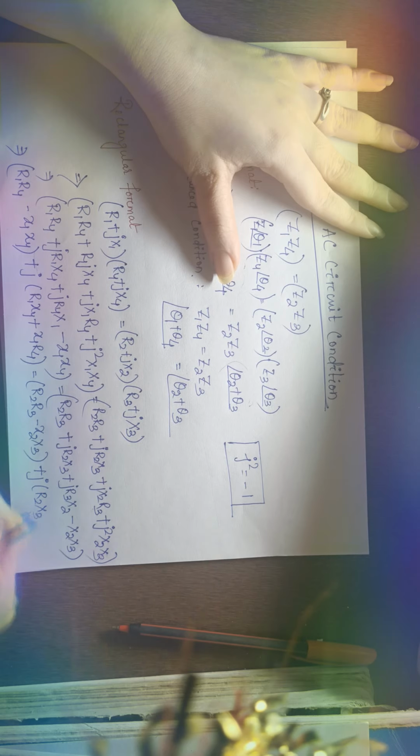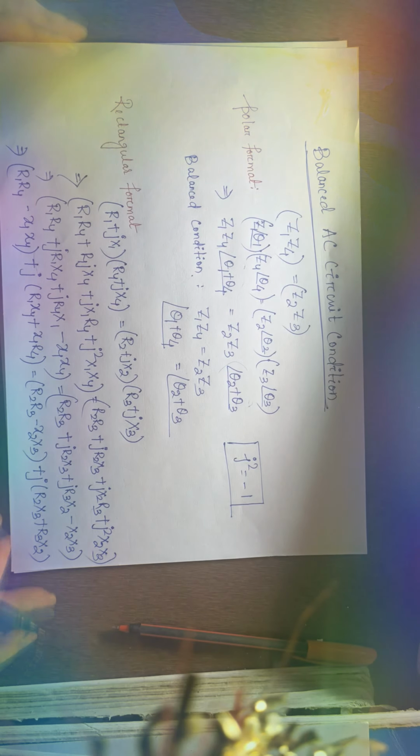This is the actual process of solving in polar format and rectangular format. So what do we do after that? We have found the balanced condition in the case of polar. Similarly, here we also need to find it. The balanced condition for rectangular format will be: the real part equals the real part and the imaginary part equals the imaginary part.